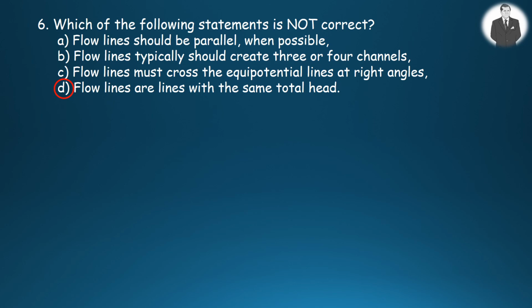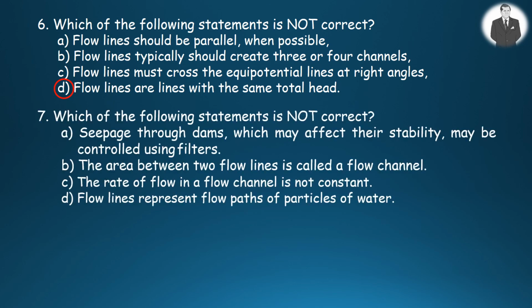Very good. Question 7. Which of the following statements is not correct? Which one? No, it is not. The answer is C. The rate of flow in a flow channel is not constant.